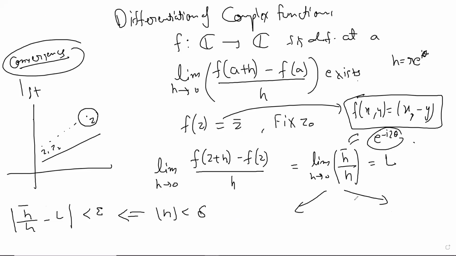Whenever you want to show the limit of something doesn't exist, sequences are usually a good way, because you take different sequences tending to zero and check if you get different limits or not. If you can find two sequences in which you get different limits, then obviously the limit does not exist. So you take h to be real first, meaning that you tend along the real axis towards zero.